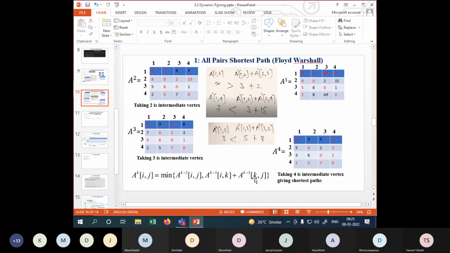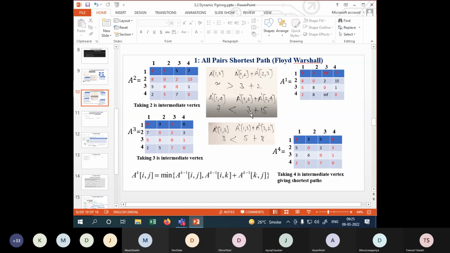This is the formula we were using here: A k minus 1 i to k plus A k minus 1 k to j, which again reaches A k minus 1 i to j. Among those two values, whichever is minimum, we take that in this matrices.